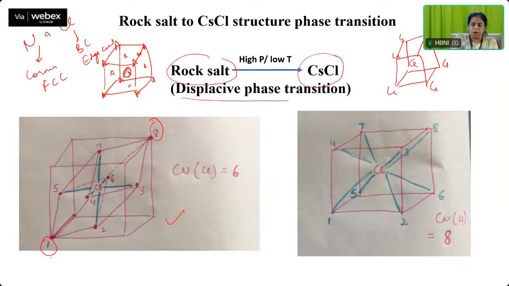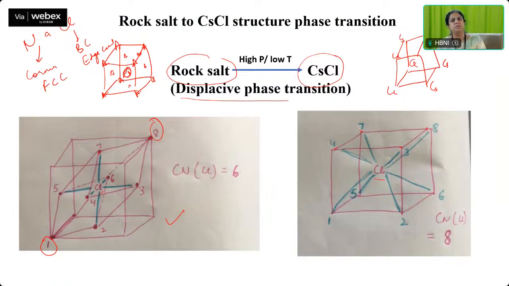Similarly, your corner atom 1, face center atom 5, atom 6, which is at the face at the back, and then atom 2, which is at the face center position of this bottom face, they form the lower face of the new cube. And your chlorine, which was at the center, remains at the center.